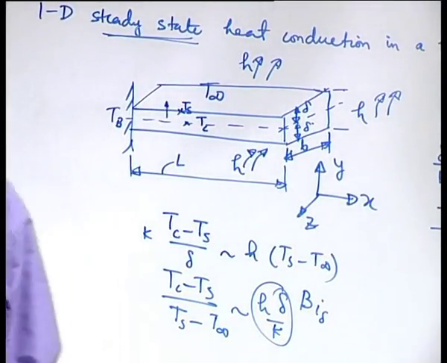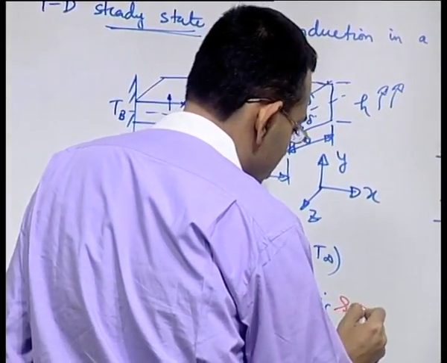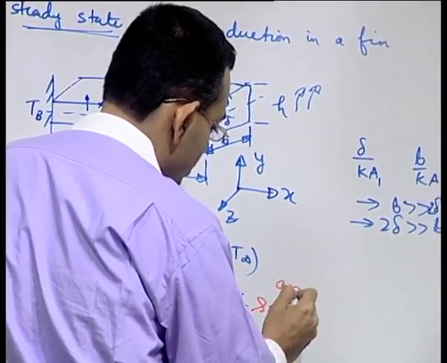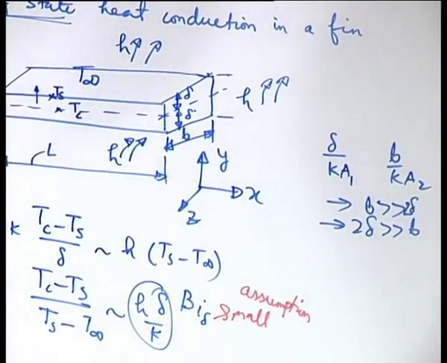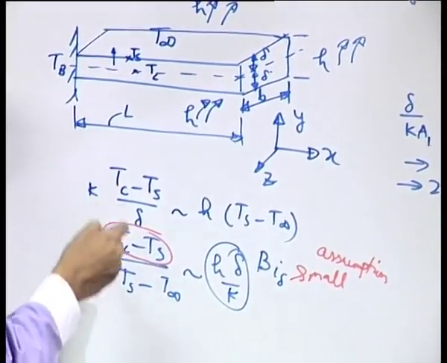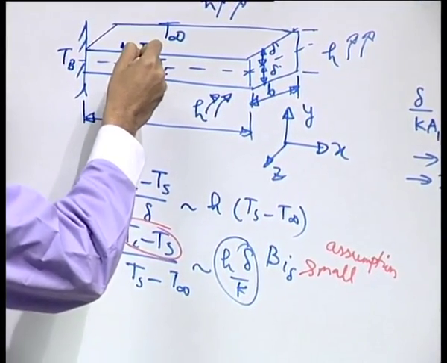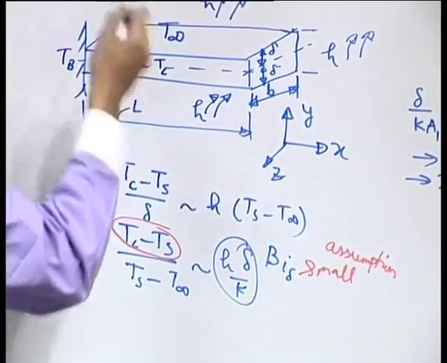So, to simplify our analysis we consider this to be small, this is an assumption. If this is small, that means that there is negligible temperature difference between the fin center line and the fin surface as compared to the difference between the surface and the ambient.